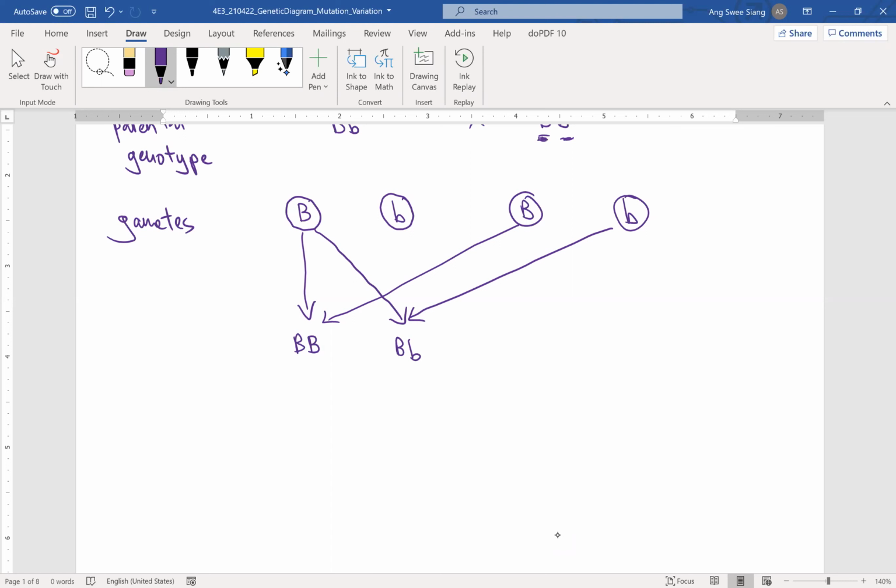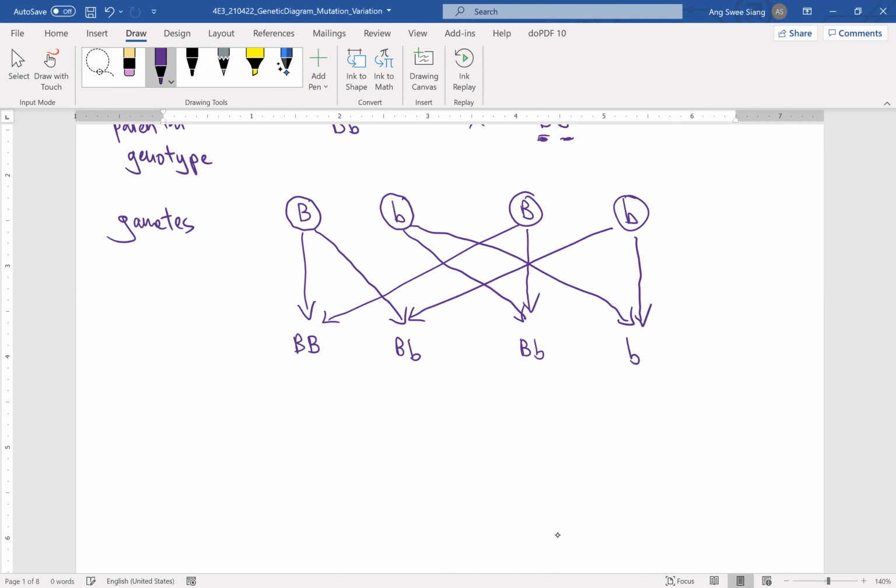Then the third possibility, the second type of sperm fertilizes the first type of egg. Then again I will get 1 capital B, 1 small letter b, a heterozygous genotype. Then the second type of sperm can also fertilize the second type of egg.